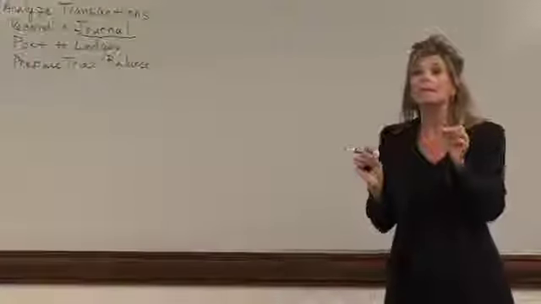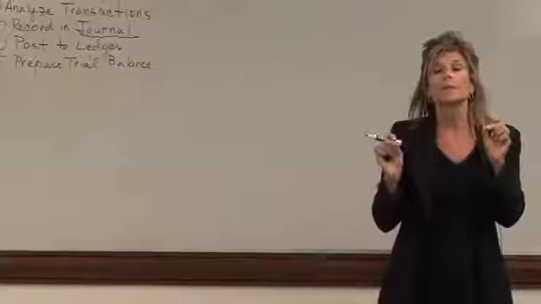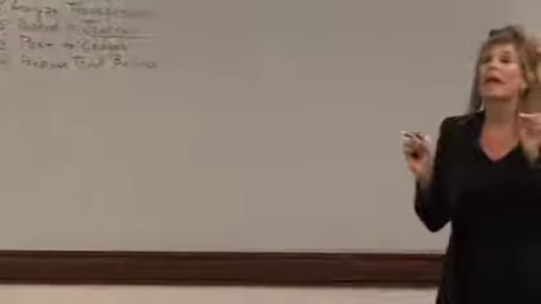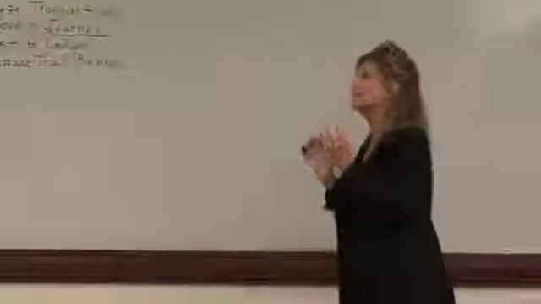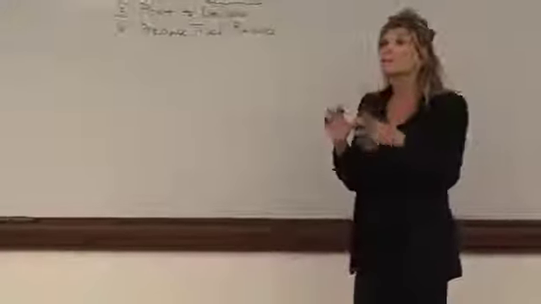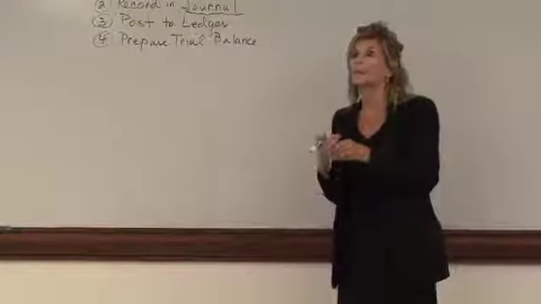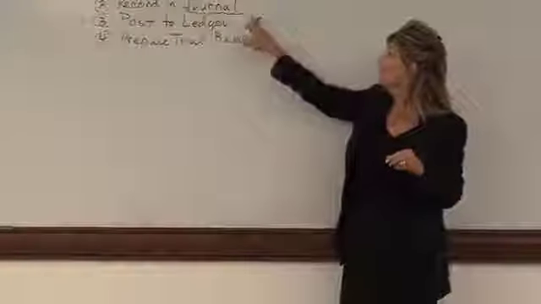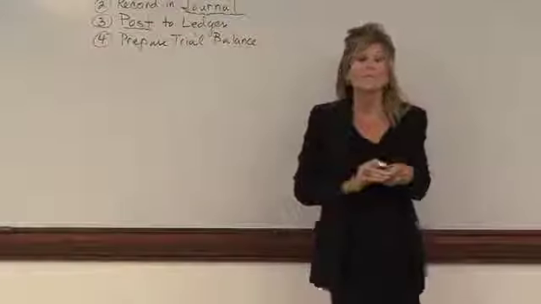Every asset, every liability, every owner's equity or stockholder's equity account has their own individual ledger. We keep the asset accounts together in the ledger, then we go to the liability accounts, and then finally the equity. We call that posting or transferring information from the journal to the ledger.